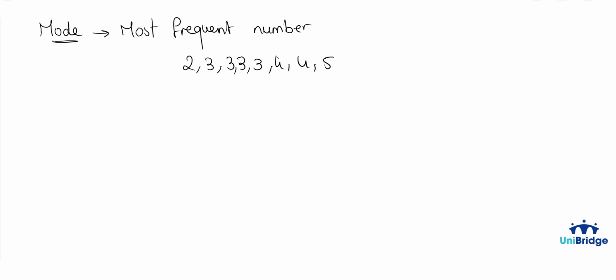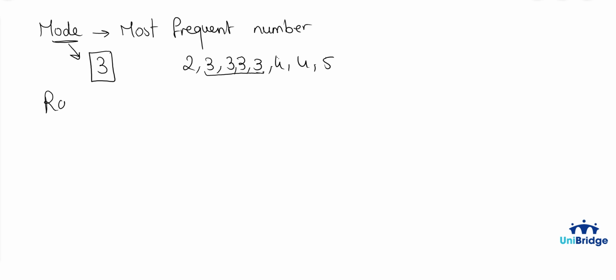So what is the mode in this set of data? Well, the most repeated number is the 3. It's repeated 4 times, but we say that the mode is the most repeated number, not how many times it was repeated. So definitely the mode is going to be the 3.